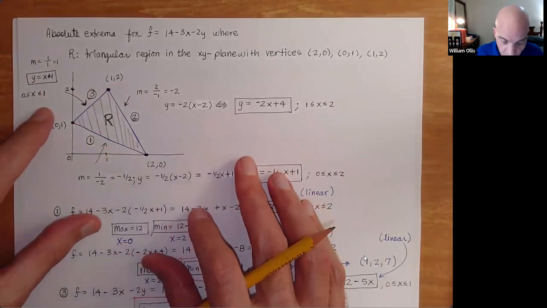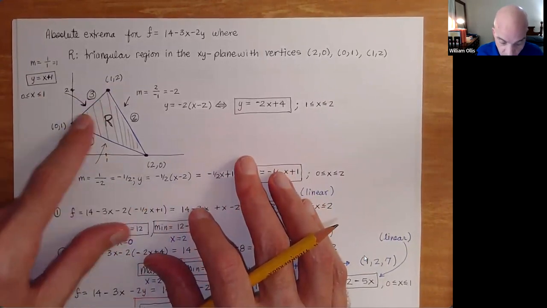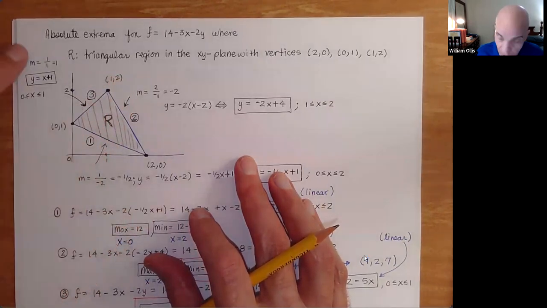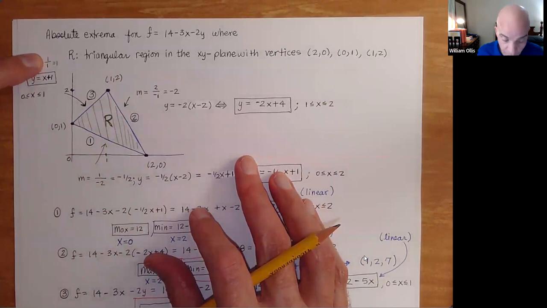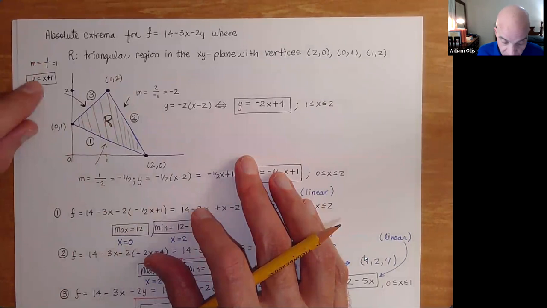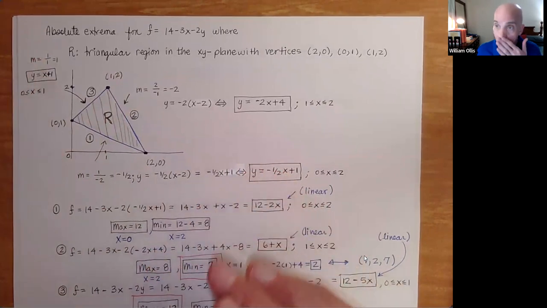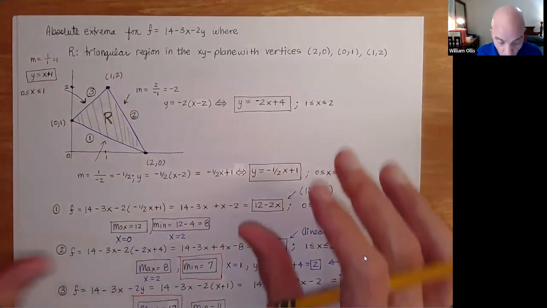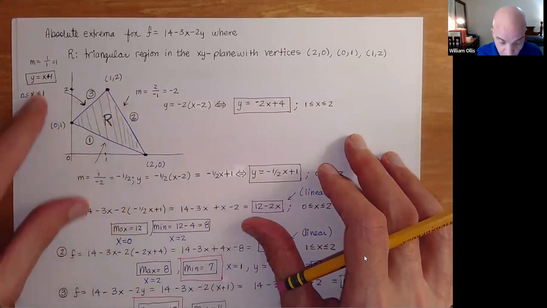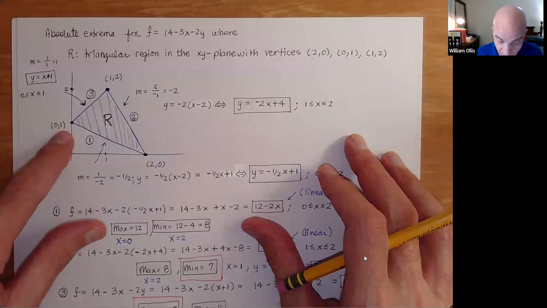Now, for the other line segment, again, you can use whichever you like. 2 minus 1 over 1 minus 0 just gives you a rise over run of 1. And so you can use this point and we get what? y equals x plus 1. Now, of course, you don't have to just take things for granted. Always check the points that you have to make sure if you substitute 0, you do get 1 as we do.